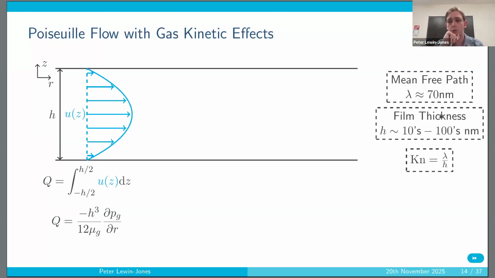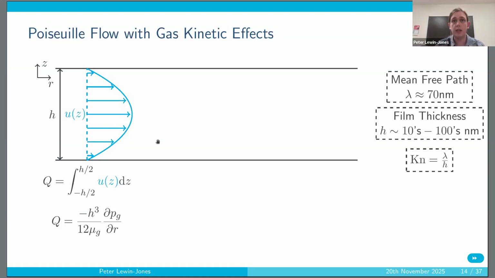The length scale involved, this film thickness, is actually comparable to the mean free path of the gas, and this is why we aren't getting the correct critical speed with our previous model. This gets described in terms of the Knudsen number, the ratio of the mean free path to our height. For continuum mechanics to be valid, we'd need the Knudsen number to be very, very small. But in this case, we start approaching Knudsen numbers around 1.